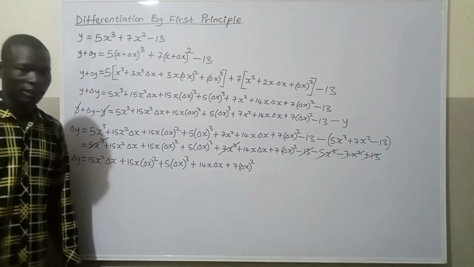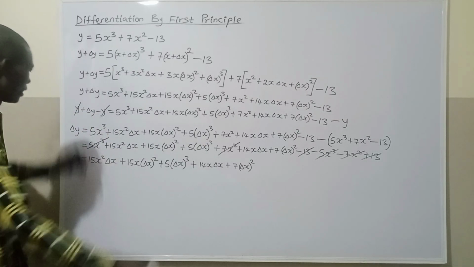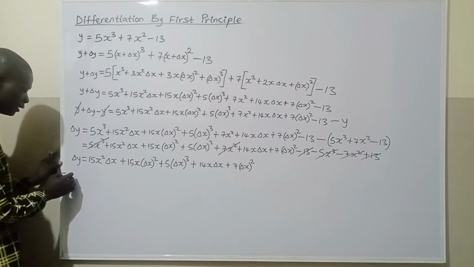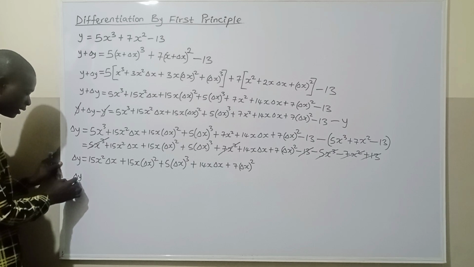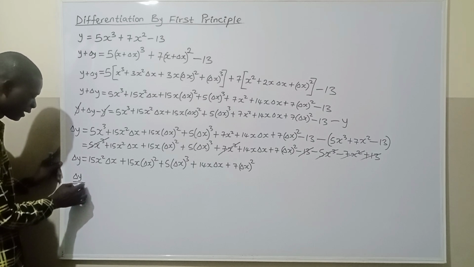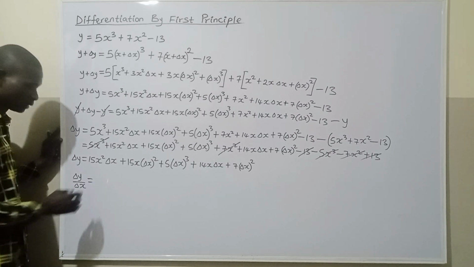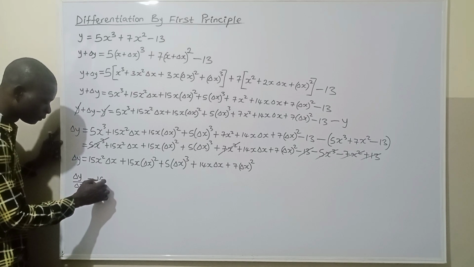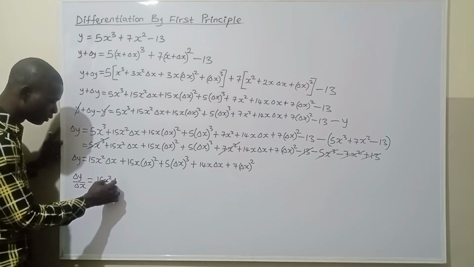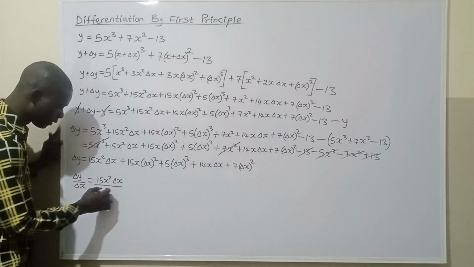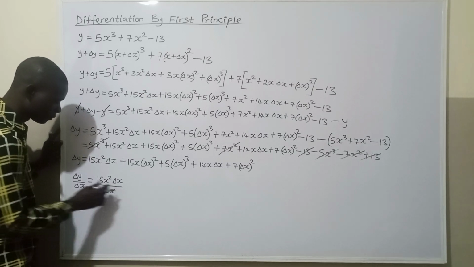After that, what's the next thing now? Since you have simplified delta y, everything has been cut short. The next thing is to divide delta y by delta x. So we have delta y over delta x. And when we have delta y over delta x, this becomes 15x squared delta x over delta x.